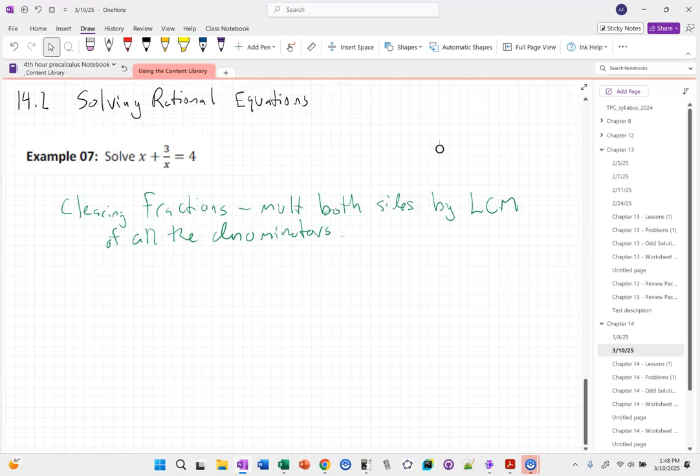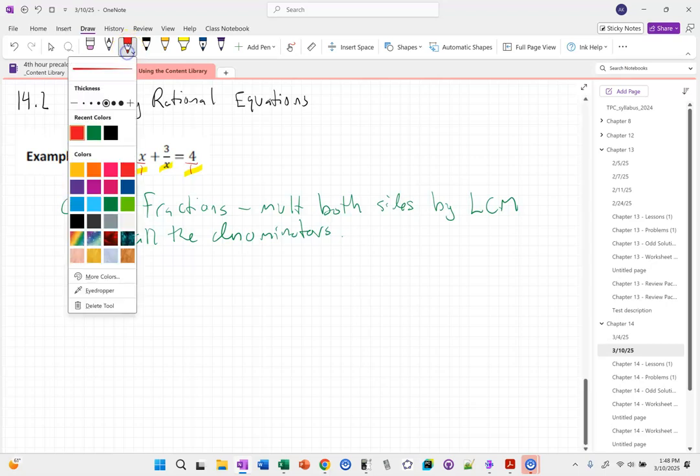So if I look at this example, remember I can always write a number as something over 1. The only denominators I have are x and 1, right? What is the least common multiple between 1 and x? It is not 1.